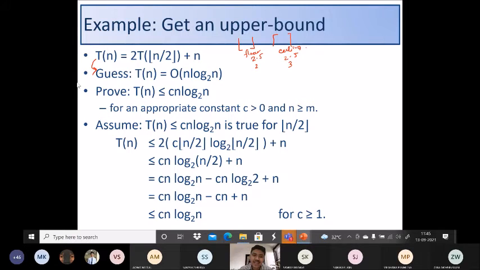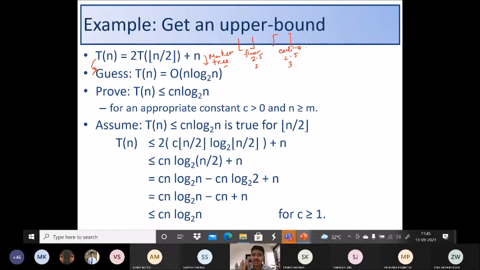So there is a trick. The trick is here you have to use master theorem or recursion tree. The other methods I will show you, you have to use those methods and then you can guess the solution.